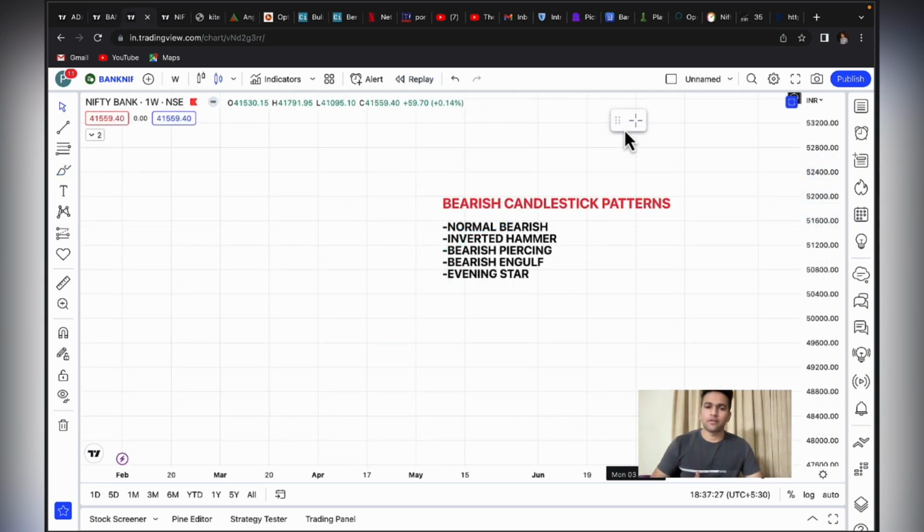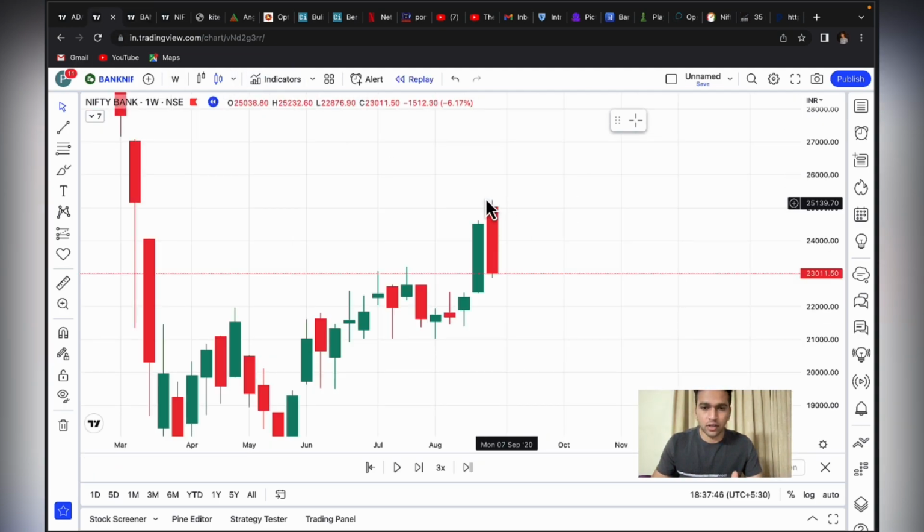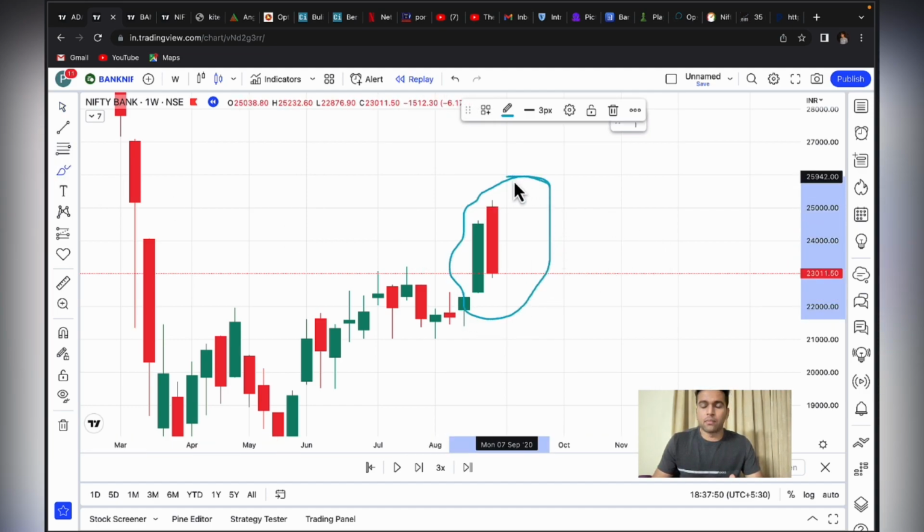So guys, next up we have bearish piercing. Bearish piercing is a two candlestick pattern where a normal bullish candle is followed up by a bearish candle which is pierced on the downside. So let's quickly look at the example. This is how a bearish piercing looks.